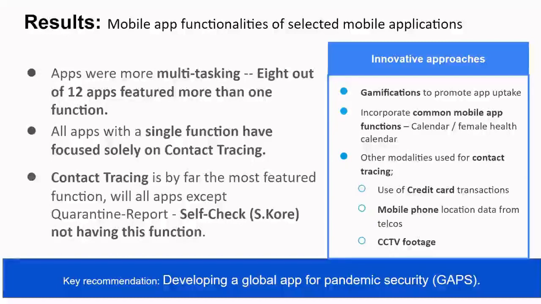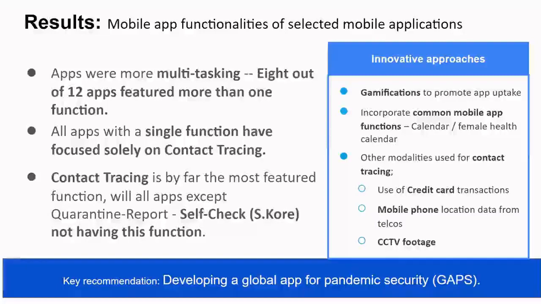Then when we went through the applications, we found some innovative approaches that were used by these apps. One was gamification. Apps were promoting use of the apps by gamifying it. Then there were some apps which have incorporated common mobile app functions like calendar or female health calendar into the COVID-19 mobile app.